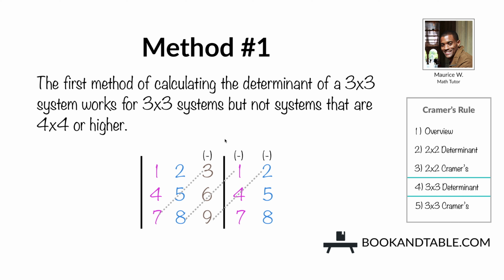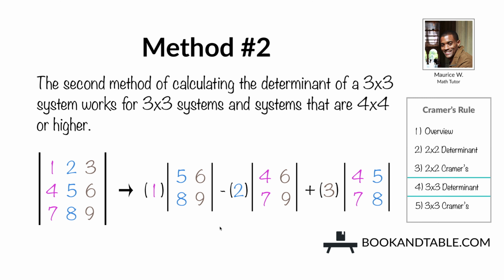But since we cannot use this method for anything but 3x3s, we want to have a second method that we can use for both 3x3 systems and systems that are 4x4 or higher. So you'll start with some 3x3 system, and you'll wind up working with 3 individual 2x2 matrices.